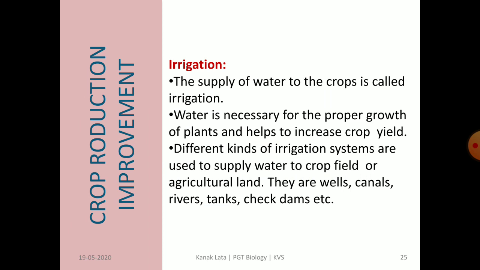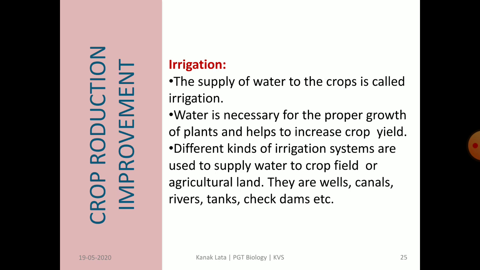Irrigation also plays an important role in crop production improvement. So let us see what irrigation is. It is the supply of water to crop fields, as water is necessary for proper growth and development of plants and also helps in increasing the productivity of crops.